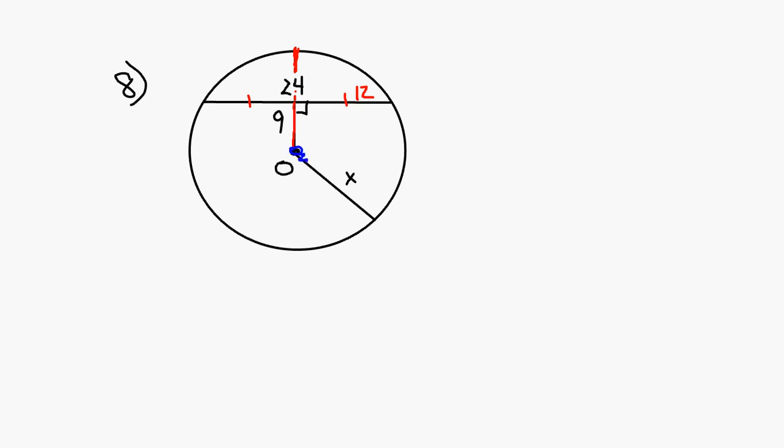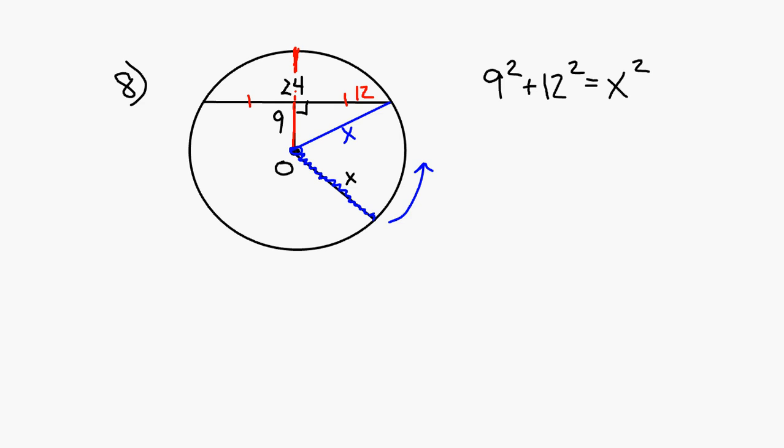So if you take this entire radius and swing it around this direction, you can redraw it right here, and it becomes the hypotenuse of a right triangle. So in this case, 9² + 12² = x². It's the Pythagorean Theorem. You're finding the hypotenuse of a right triangle. You're just given the information indirectly.